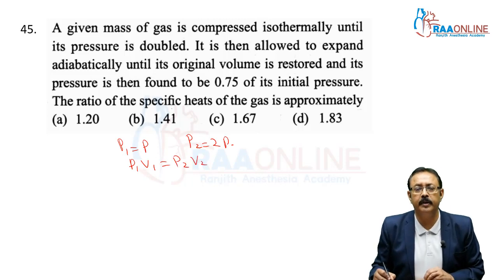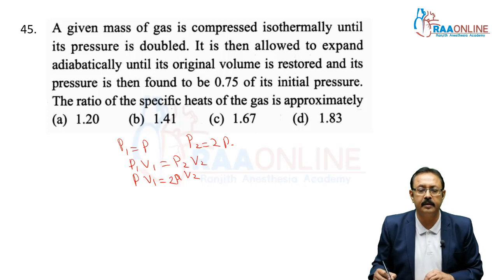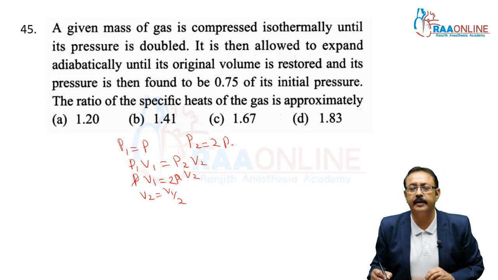If initial volume is V1, what should be the new volume? P1 is P, P2 is 2P and volume is V2. So what are we getting? New volume is V1/2.